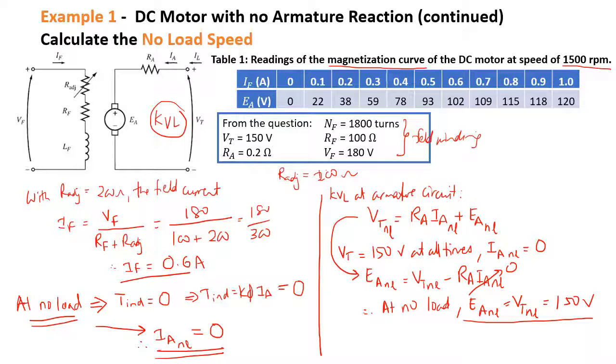So this happens when there is no load in the armature circuit. The field current is 0.6 amperes because we have set the R adjustable at 200 ohms. At no load, IA no load is equal to 0, giving us EA no load equal to 150 volts. Now the question is asking for the speed at no load, so we must find an equation that relates speed with EA.